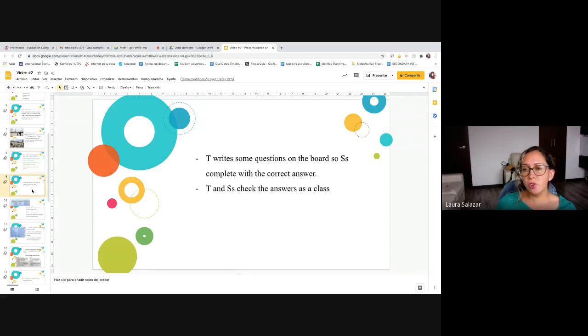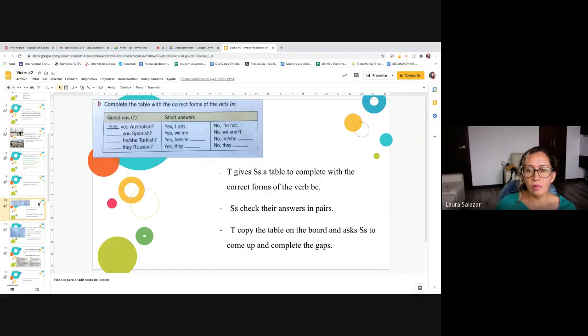The teacher writes some questions on the board so students complete them with the correct answer. The teacher and students check the answers as a class. The teacher gives students a table to complete with the correct forms of the verb be. So here they have questions and also short answers that they need to fill in the gaps.